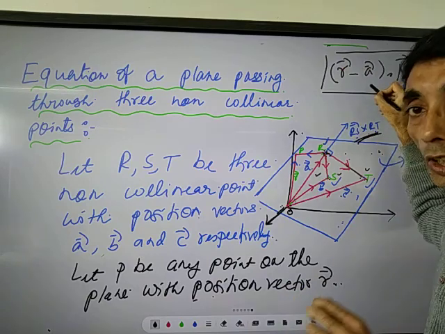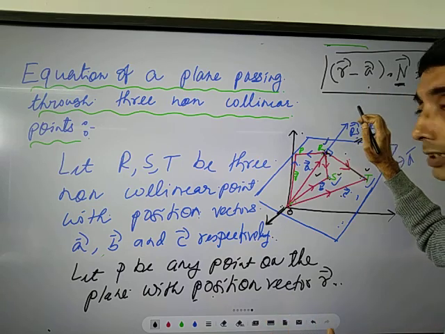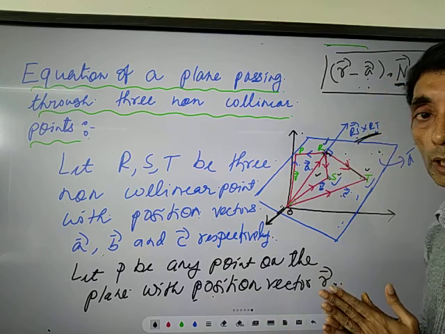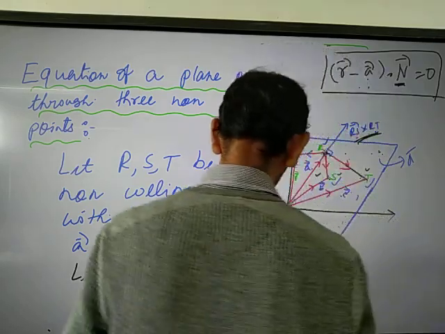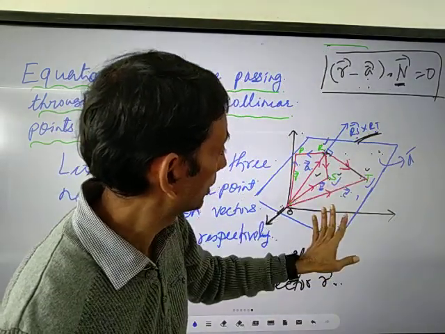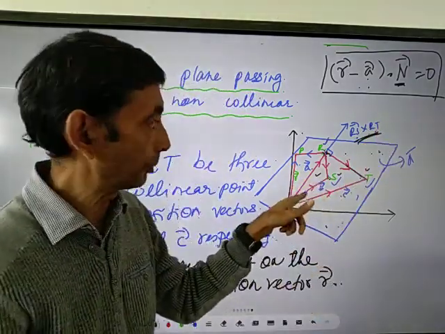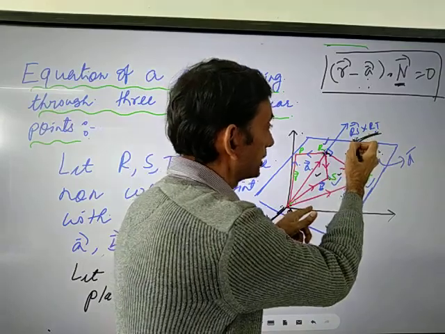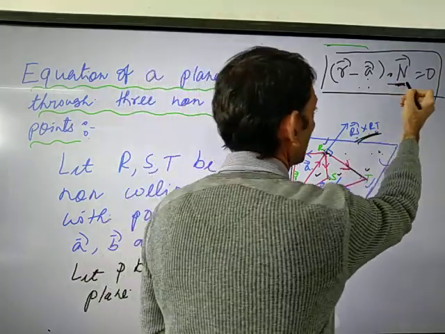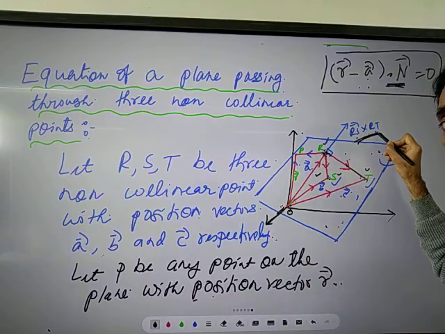This is the equation of a plane where this vector n is normal to the plane, and the plane passes through a fixed point. Now, we got, with the help of this concept, that RS and RT, these two vectors, are lying on this plane, and therefore RS cross RT is perpendicular to the plane. So for this case, the n vector is RS cross RT.